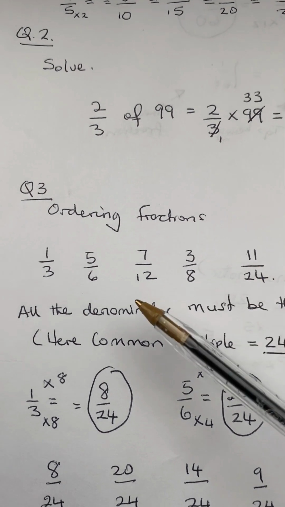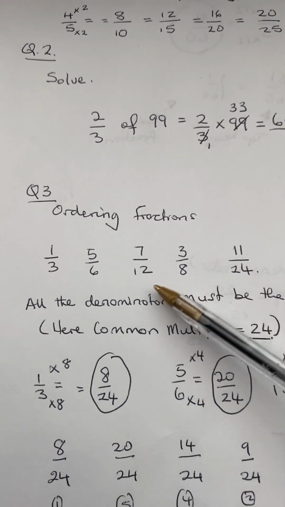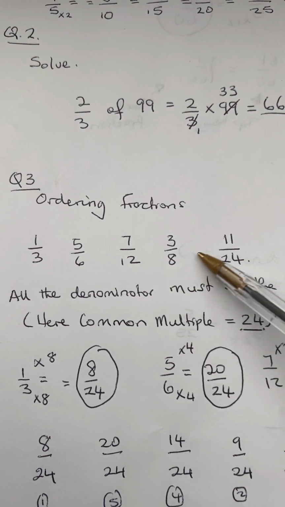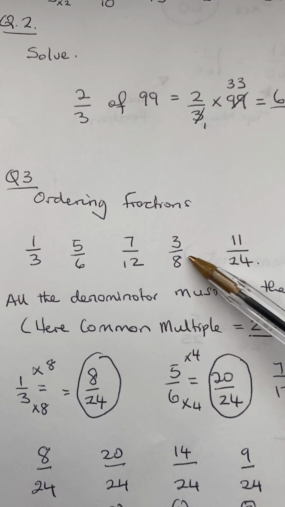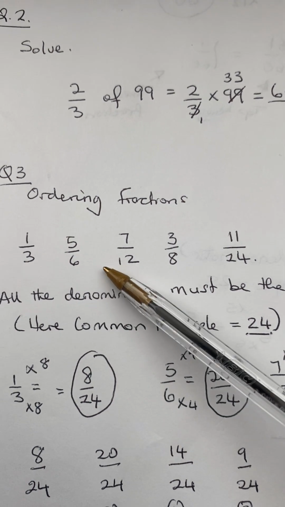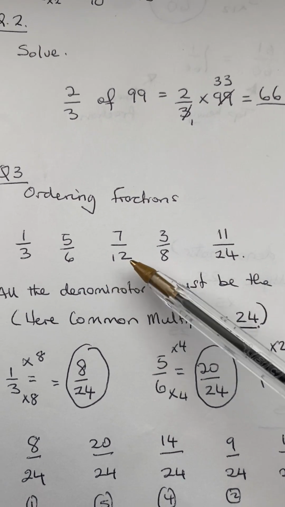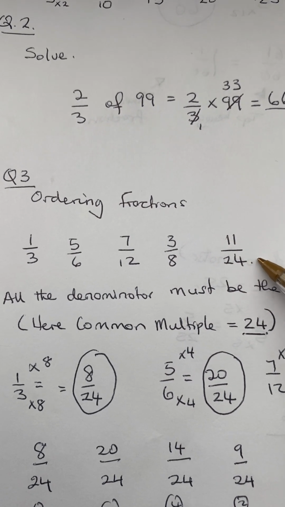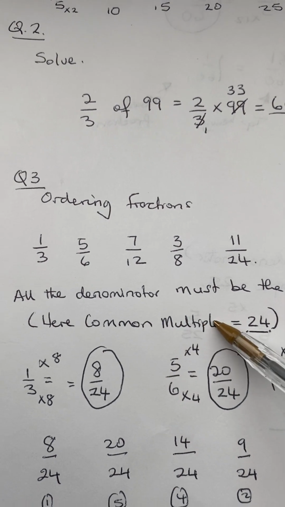Each of them has a different denominator, and I wouldn't be able to say which one is the lowest or which one is the highest. I can only do that if all of them have the same denominators. The only way I can get them all to have the same denominators is to find the common multiple.